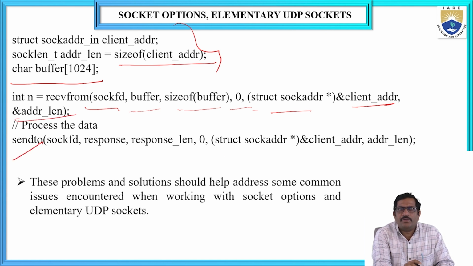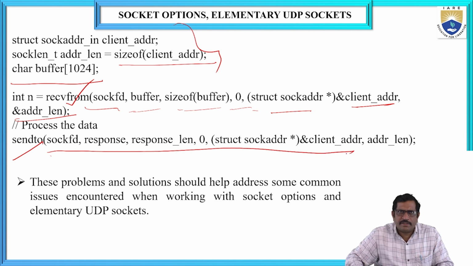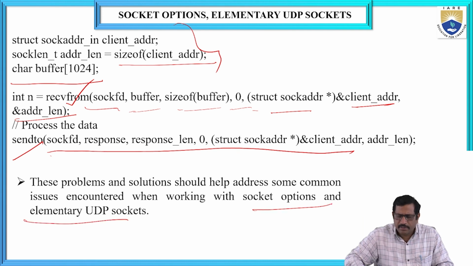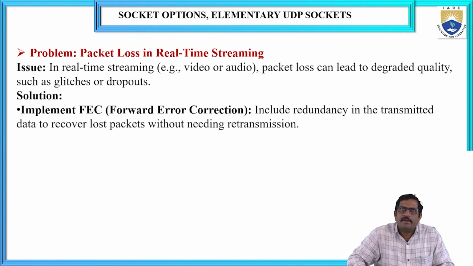With sendto we can send the data, and with recvfrom we receive data from multiple clients. So these problems and solutions should help address some common issues encountered when working with socket options and elementary UDP sockets.